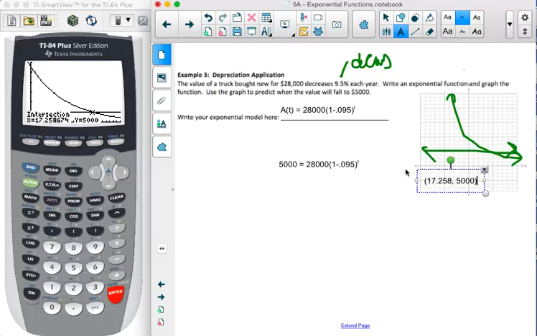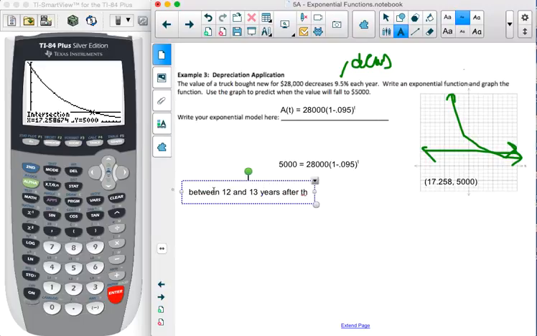So it will fall 17.258 years after the year that it was bought. Since we weren't exactly told what year it was bought in, it's between 17 and 18 years after the year in which it was bought.